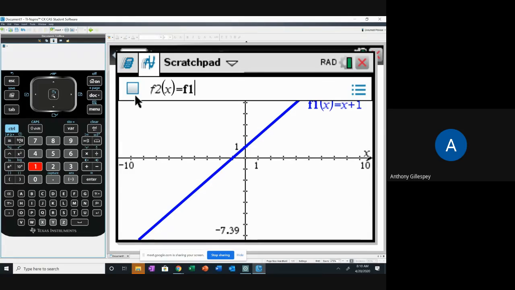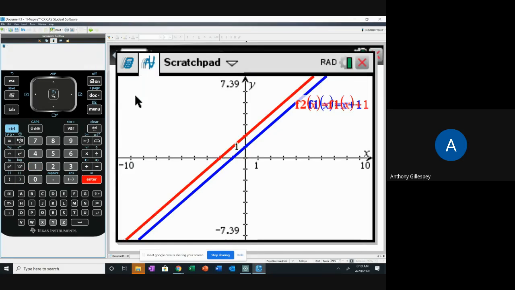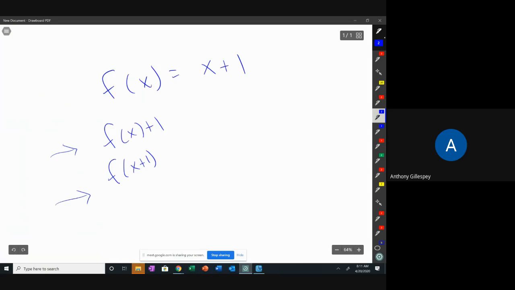You can do f1 of x, the first function, x plus 1, and you can see what it looks like. So what does that look like it did? The blue line moved the graph up 1. That's exactly it. It just translated the graph up 1, and that's what this is going to do. But we're going to talk much deeper about it, all right?